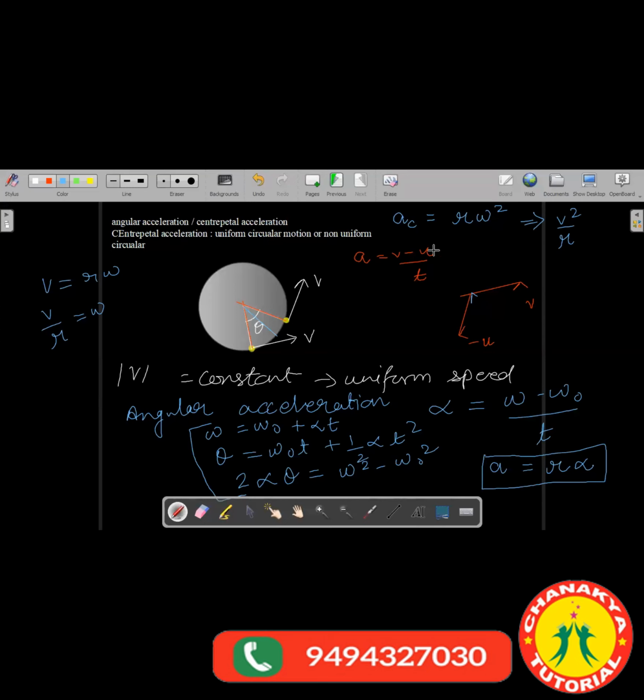Let us try to find out the centripetal acceleration for different objects just by applying the formula.